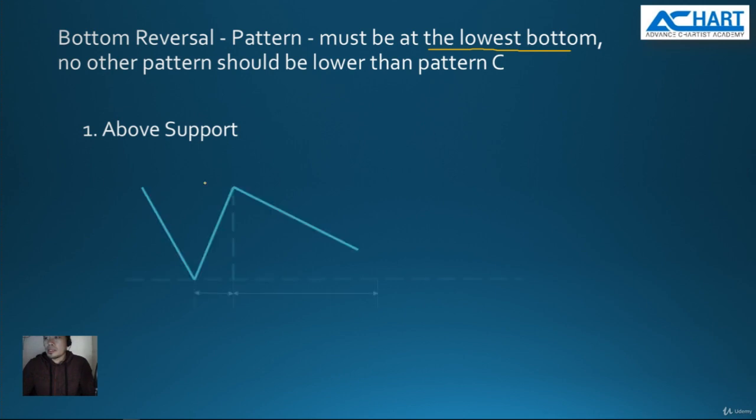For the first bottom reversal pattern, we can see that when it's going downward, the buyer comes in, and then the seller comes in.